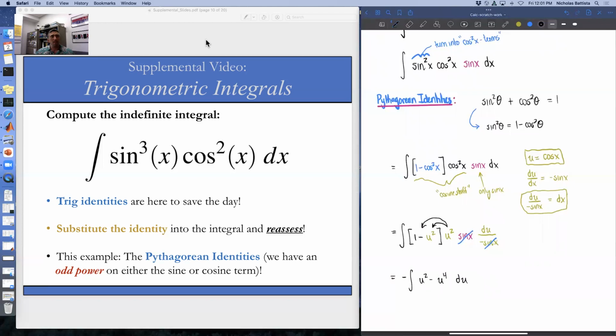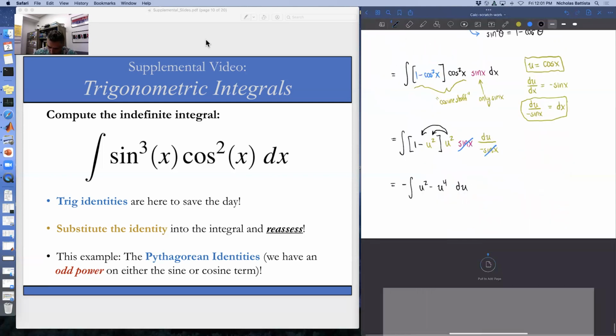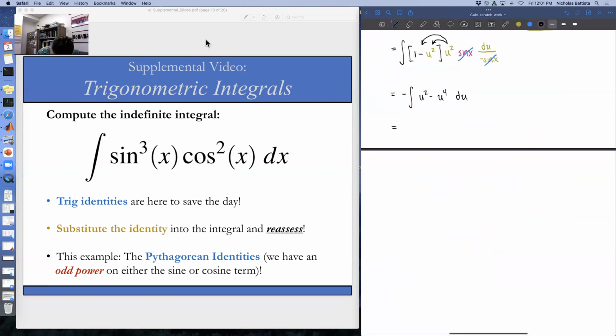And now what we have is a variable raised to a power, so we can use the antiderivative power rule. So this is equal to minus the quantity 1 over 3 u cubed minus 1 over 5 u to the 5th power, and then, of course, our plus c.